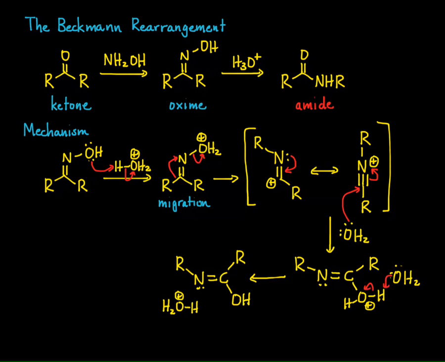So now we have a neutral species, but we regenerate our acid, and now that acid is going to protonate the nitrogen because it's fairly basic. And when that nitrogen gets protonated, now we have this species here.